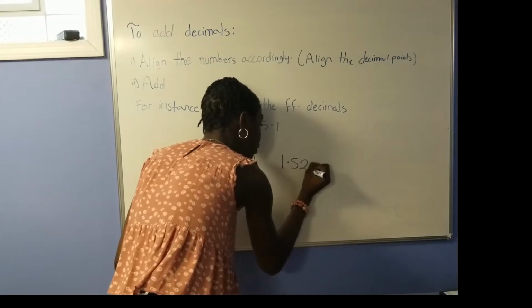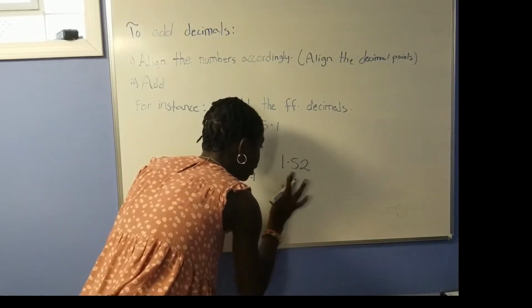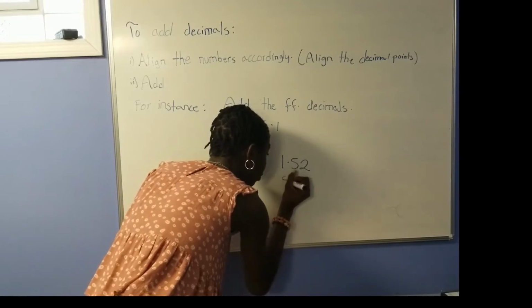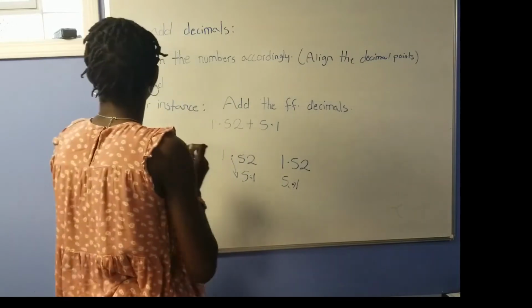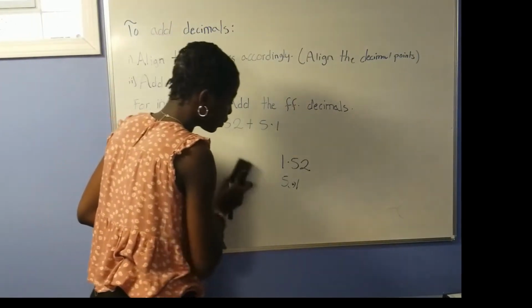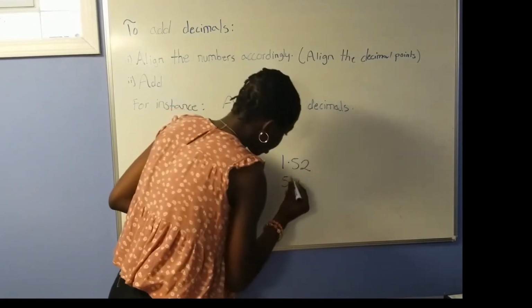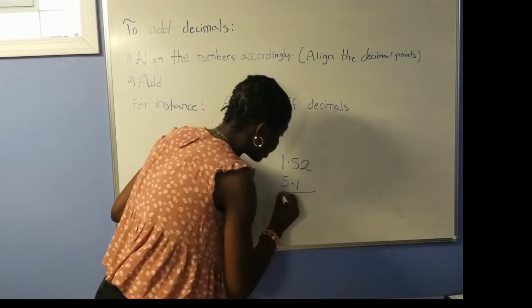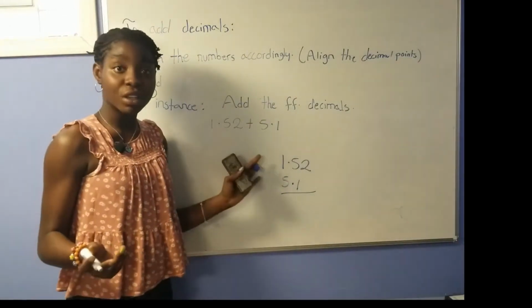1.52 plus 5.1. Let's wipe this off. So this is our first step, aligning the decimals accordingly.